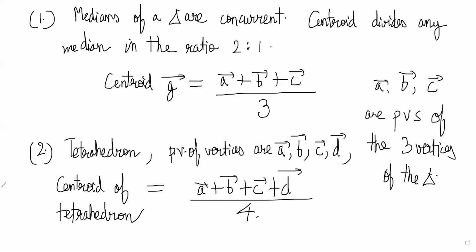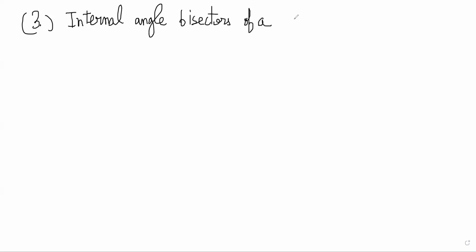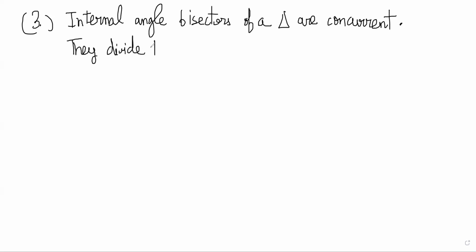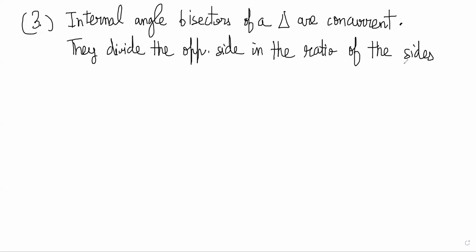The next point here, which is similar and comes by section formula, is that internal angle bisectors of a triangle are concurrent, and by angle bisector theorem, they divide the opposite side in the ratio of the two sides making the angle.